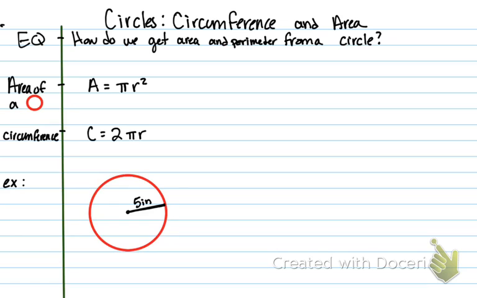Okay, so first, our area, we know is pi r squared. So we need to know what r is, right? So our area is equal to pi 5 squared, because our radius here is 5 inches.